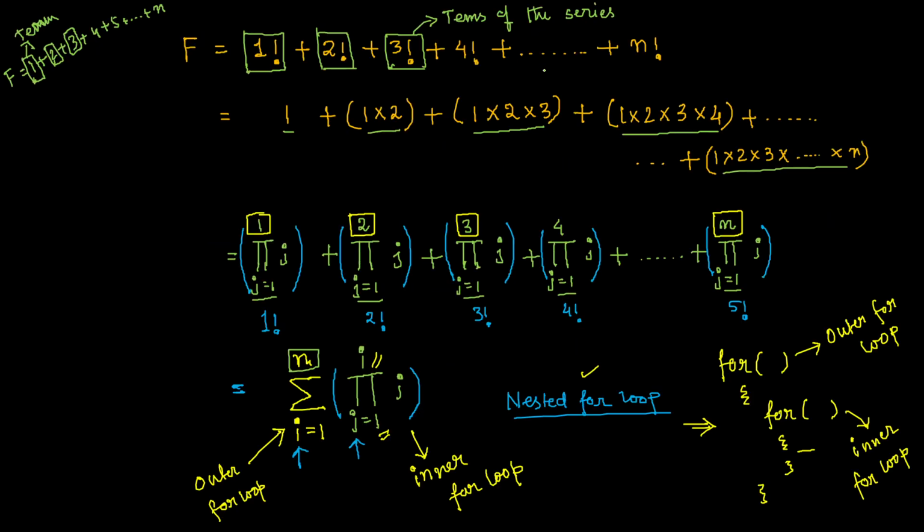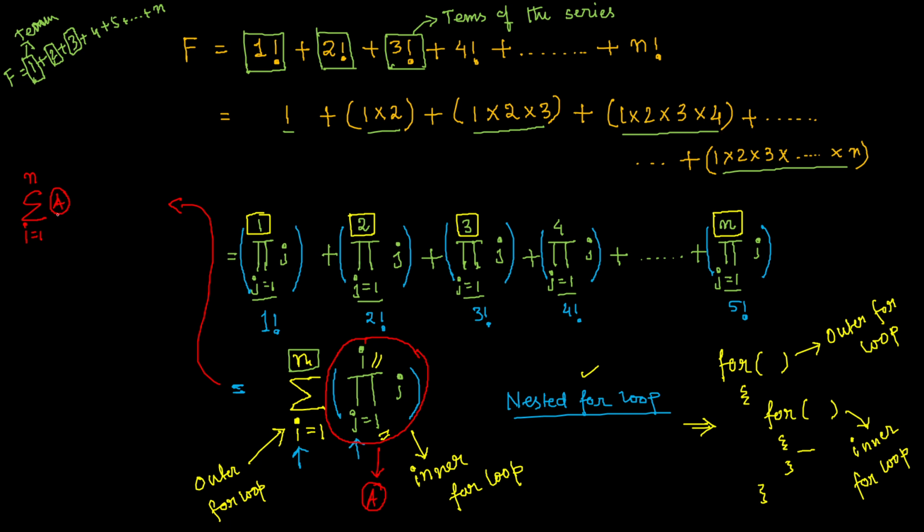Why? The reason is that if you just assume that the whole part that we have just written over here is considered as part A, that means you can write this equation as summation of I equal to 1 to n of A. This is what I've just written.